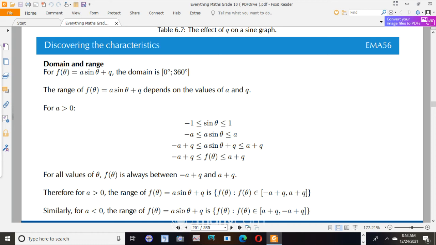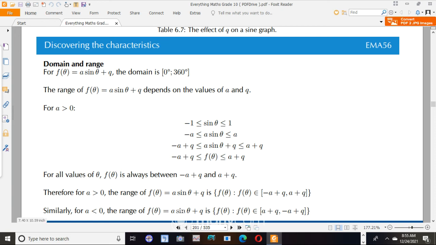The first is simply sin theta without a. For that we know it goes from -1 to 1. But when you multiply both sides by a, you get -a to a. When you add q to both sides, you get -a plus q, and a sin theta plus q is less than or equal to a plus q. So a sin theta plus q is f of theta. So -a plus q is less than or equal to f of theta, which is less than or equal to a plus q.